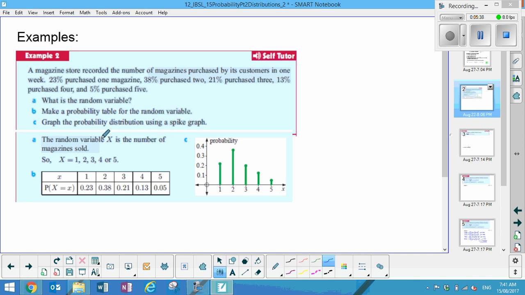So if one magazine is 23%, turning that into a decimal, we usually work in decimals with our probabilities, 0.23, the 38% is 0.38, etc. And we could show that with one of those spike graphs. And remember, we don't have it continuous, it's not a line graph, because the data is not continuous, it's discrete data.